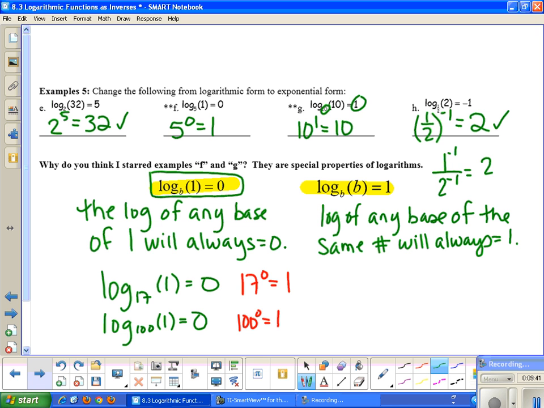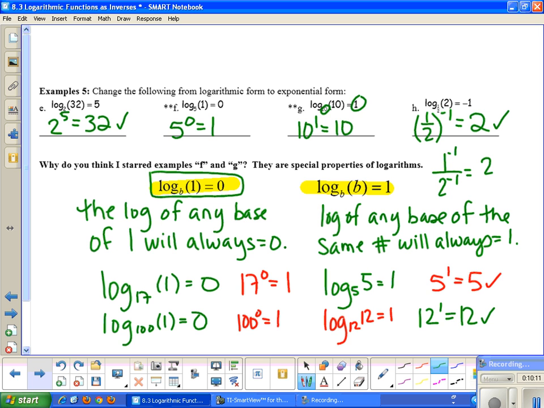For example, if I have the log base 5 of the number 5, that would be equal to 1, and you can also check by using the exponential form because 5 to the first power is equal to 5. If I had the log base 12 of 12, I know it's going to be equal to a value of 1, and the reason that is because 12 to the first power equals 12. So again, this is another property that you should know.